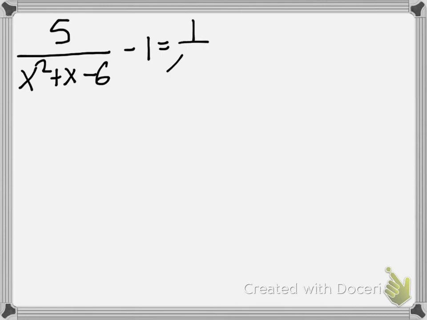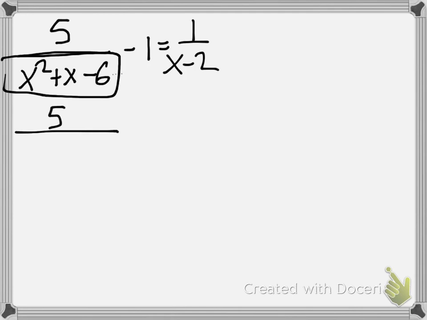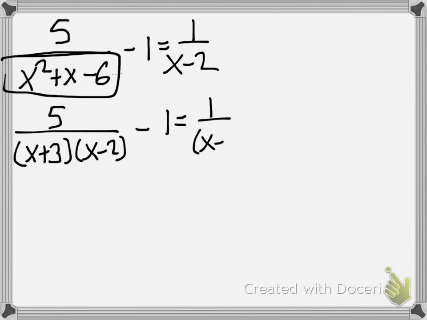So we've got 5 over x squared plus x minus 6 minus 1 is equal to 1 over x minus 2. All right, guys, factor this puppy. Whenever you see a trinomial like this, factor it. So you have 5 over x plus 3 times x minus 2 minus 1 equals 1 over x minus 2.